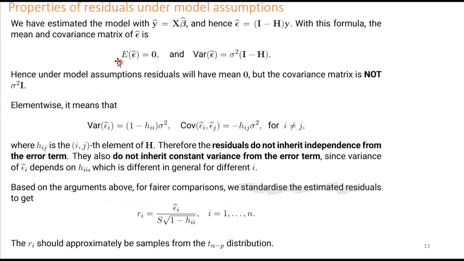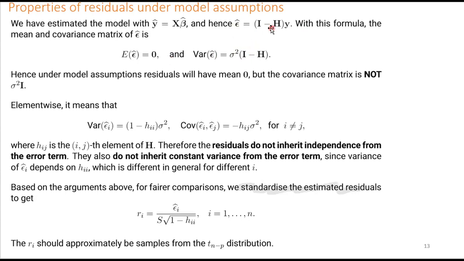So under the model assumptions, the expectation of the residuals is 0, but the variance is not sigma squared I. The variance-covariance matrix of your error term under model assumptions, remember, was sigma squared times the identity. This one is this, which can be proved using that. I'm tempted to show you that, but I shouldn't, because you should do this, so just do this as a small exercise.